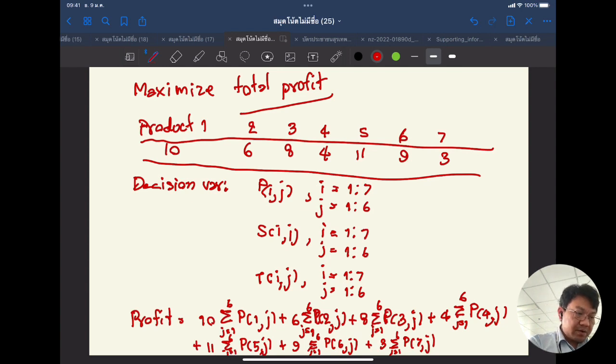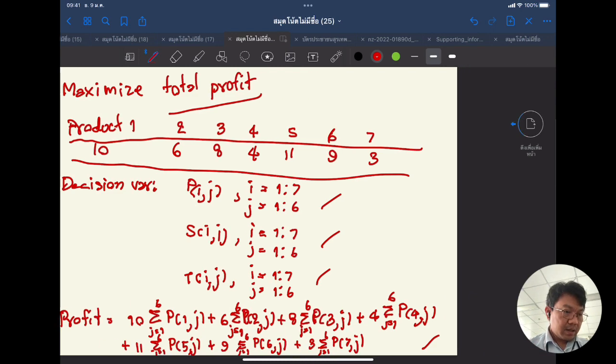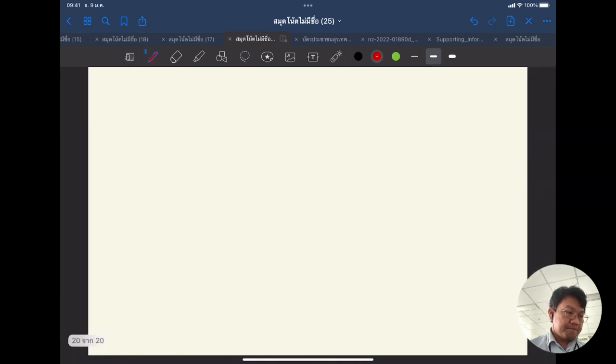So we have the decision variable already, and we have the objective function already. Now we will look at each constraint. Yeah, the most important one is all the P, right? Pij, and what else? Sij.